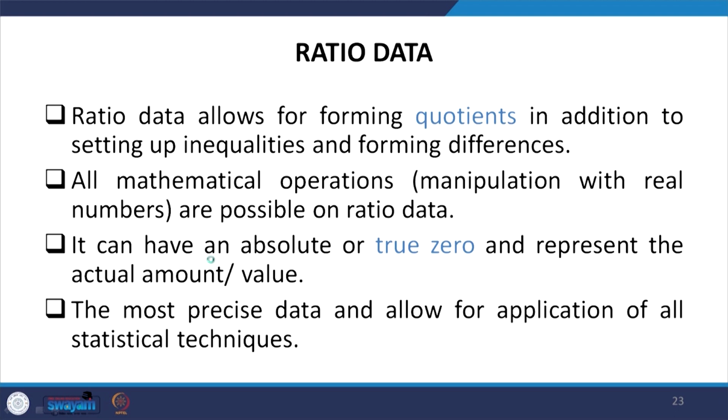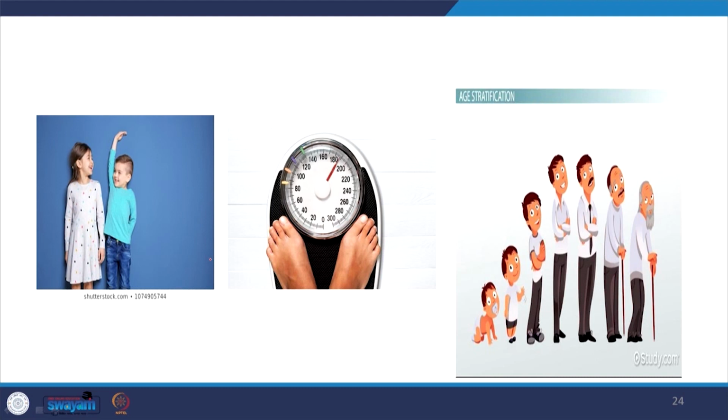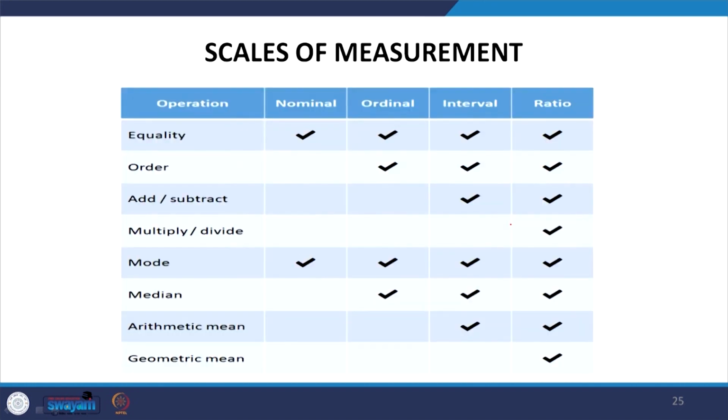Let us come to an example: the height, the weight of a person, and the age of a person is highlighted here very clearly.